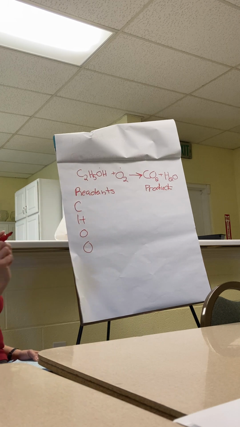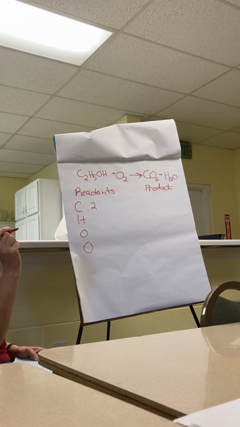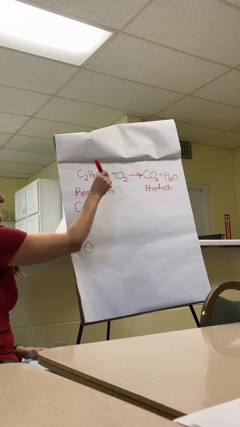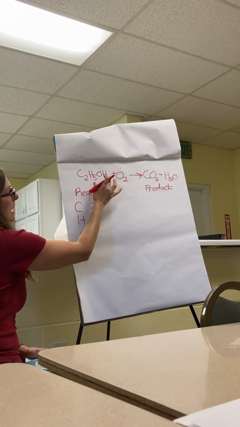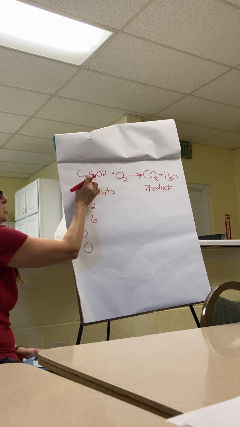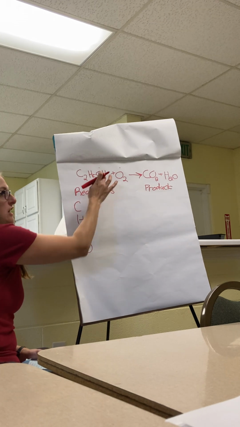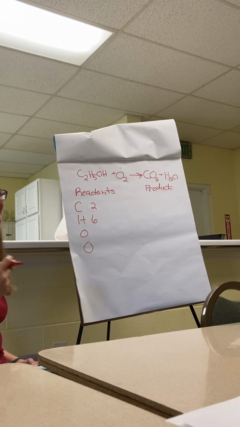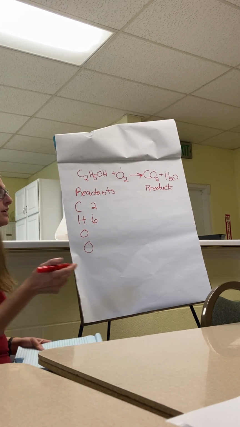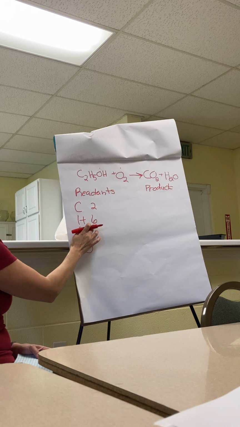And so how many carbons do I start off with? 2. How many hydrogens? 6. Even though they're in two separate places, you could have written this as H6C2, but they're trying to show you that the OH is your functional group. That's going to dictate how it behaves. That's going to be the reacting end of the molecule. And because it's in the same molecule, I don't separate it here.